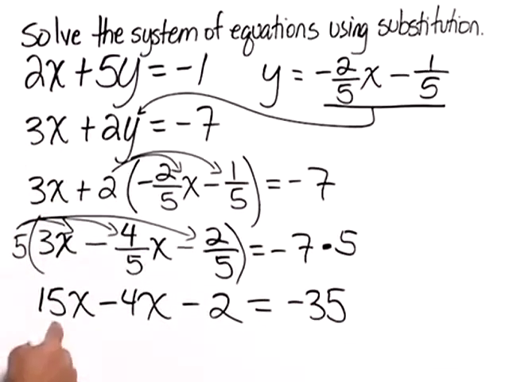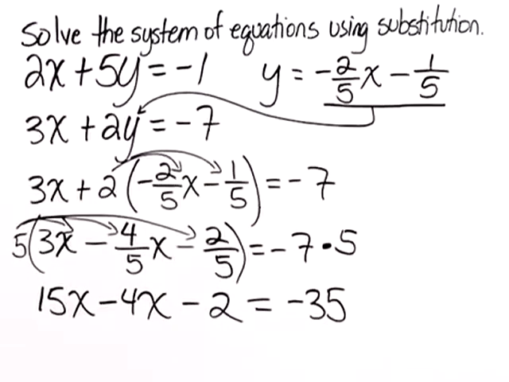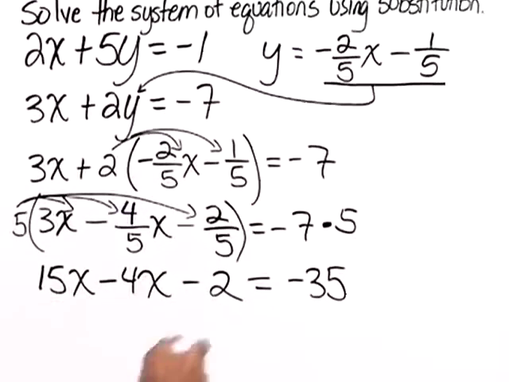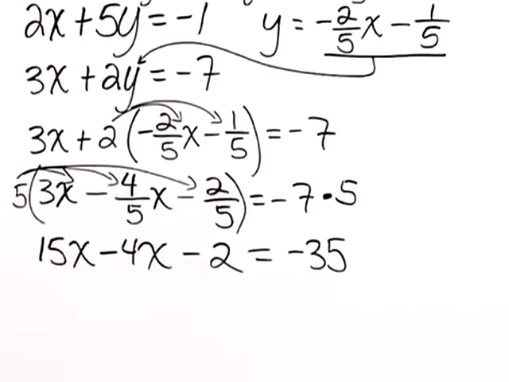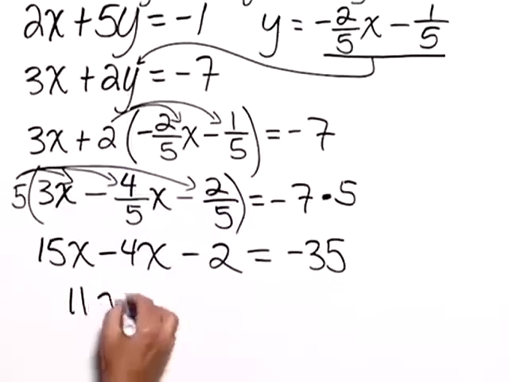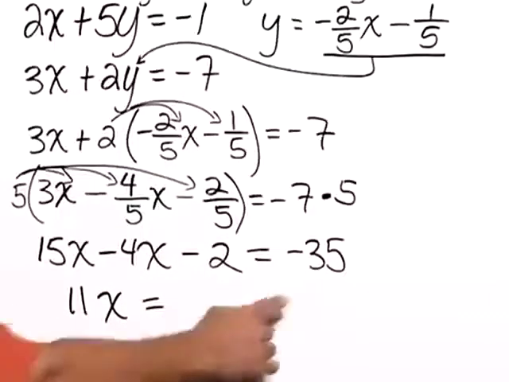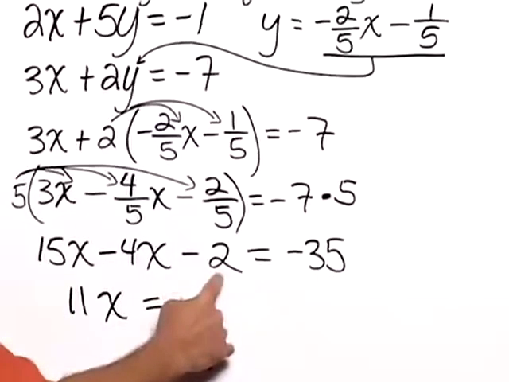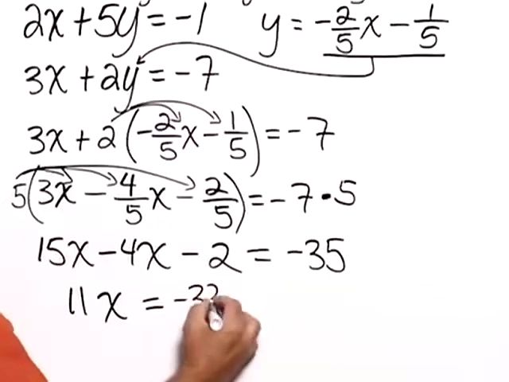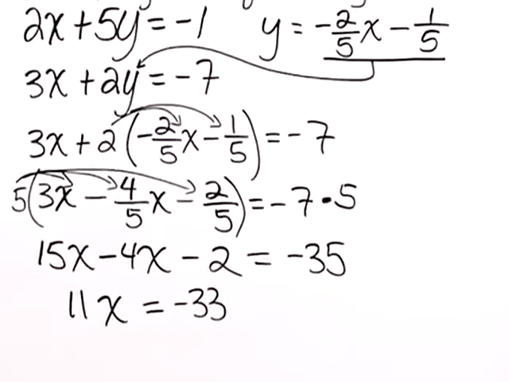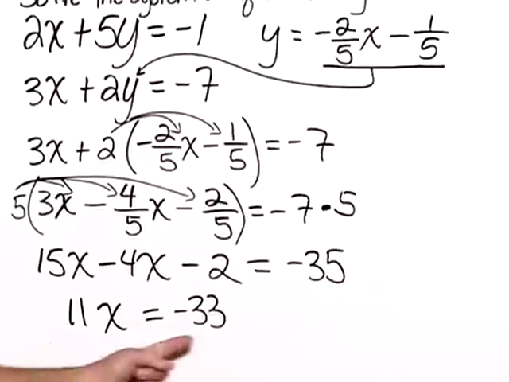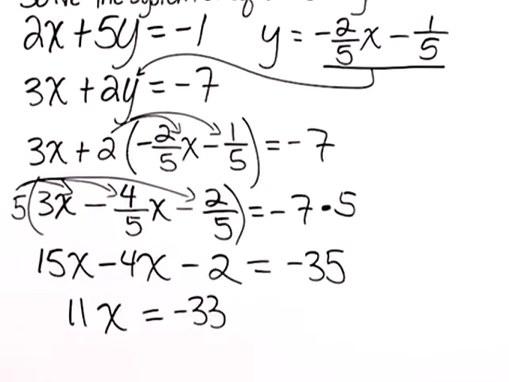We'll combine 15x minus 4x, which is 11x, and we'll add 2 to both sides, so we have 11x equals -35 plus 2 is -33. We divide both sides by 11, and that gives us x equals -3.